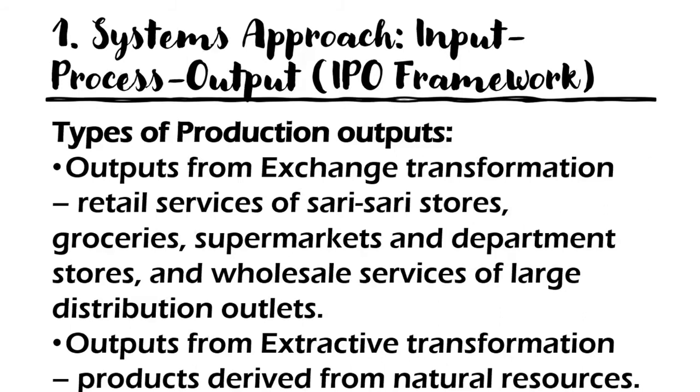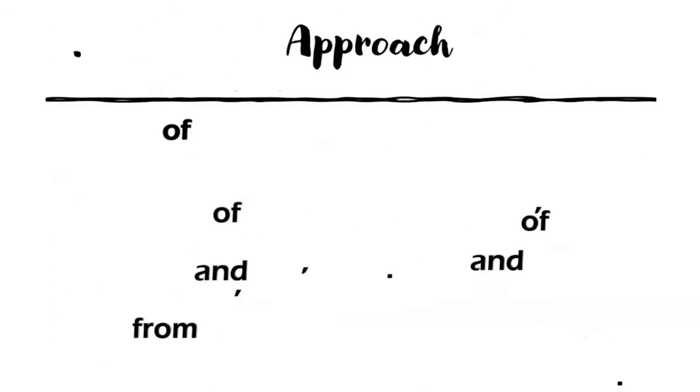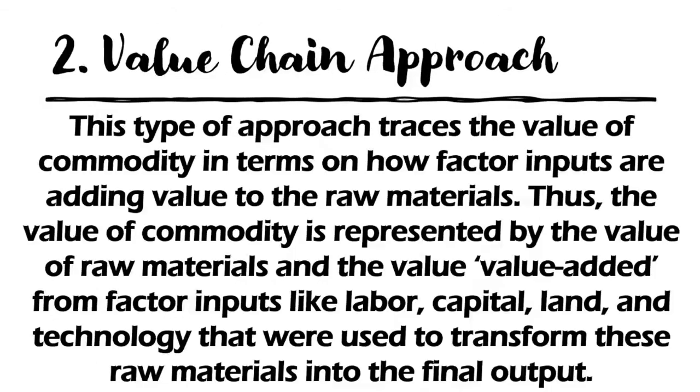So next naman, now we will proceed with the second approach, which is the value chain approach. So this type of approach traces the value of commodity in terms of how factor inputs are adding value to the raw materials.